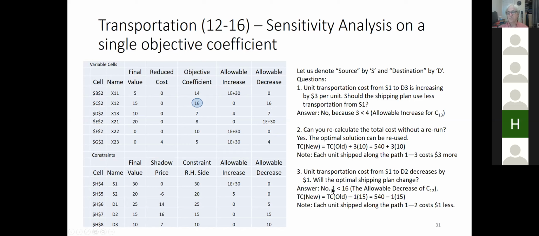So therefore, because 1 is less than 16, the allowable decrease is much larger than 1. And you can recalculate the total cost because the optimal solution also doesn't change. So now it will be the 540 here, but now you have a change of -1. You pay $1 less on each unit shipped, and you have 15 units like this, so you get the total cost.